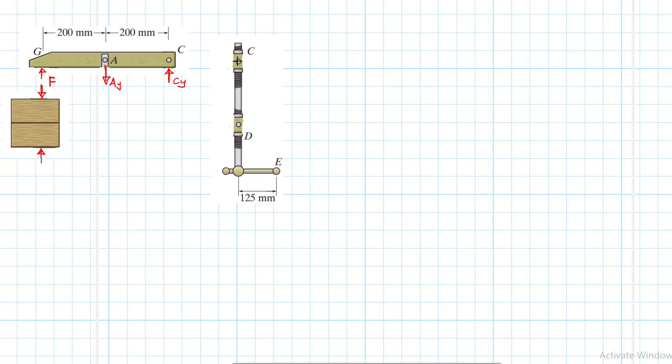At C I just expect the opposite, so the force coming down like this is CY, and at D I expect the opposite, because these are symmetrical. So this force here goes up like this; this is my DY. You get it?